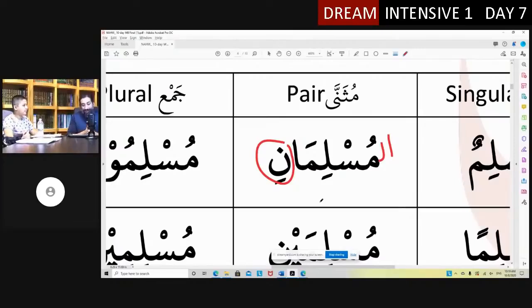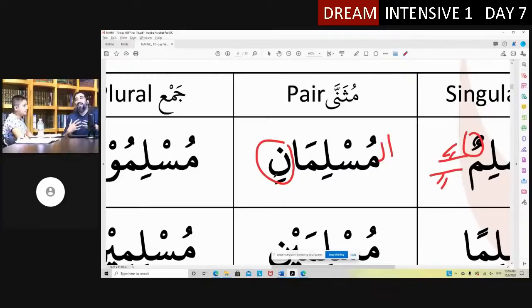The rule is al doesn't like tanween, on, an, or in. It doesn't like them. Because it doesn't like them, whenever they show up, al says, you got to go. Kicking you out. That's it. But there's no tanween here, so it had no problem with it. The concept of light is a big concept. It affects the singular column, the pair column, the plural column.